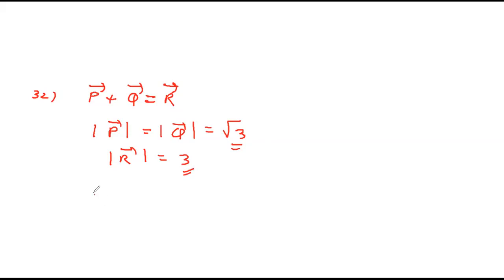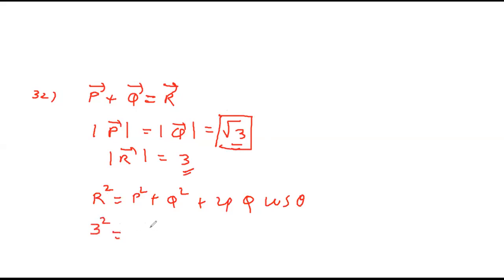Now if you are not remembering the shortcut, you can write R square equals P square plus Q square plus 2PQ cos theta. By shortcut I said when the result is root 3 times the given vector, the angle is 60; 45 degrees is root 2 times. If that doesn't click in my mind, then I will put the values. 3 square equals root 3 square plus root 3 square plus 2 into root 3 into root 3 into cos theta.